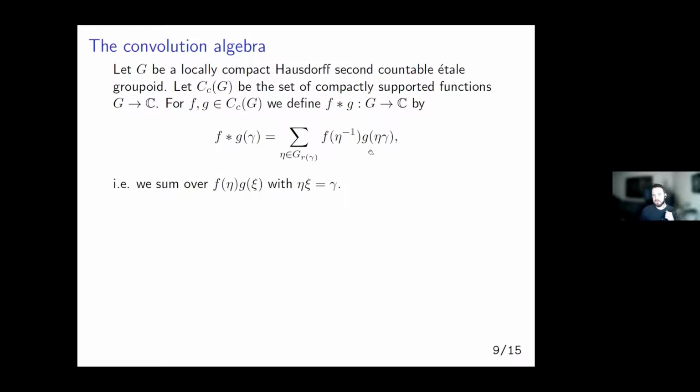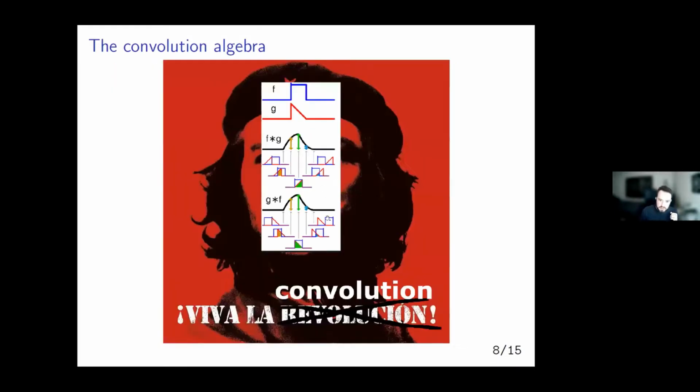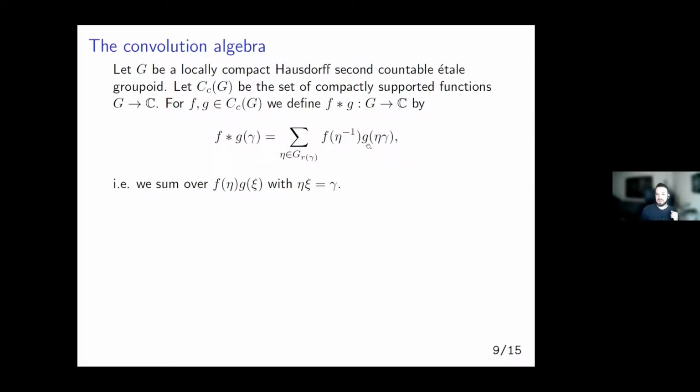If you've seen integral convolution formulae, then you can recognize this as if I put an integral here and then a dx or a d eta here, then this would look kind of like that. And this is exactly summing over the pairs eta, xi such that eta times xi is equal to gamma. So xi here is this eta inverse gamma, and then eta here is this eta inverse.